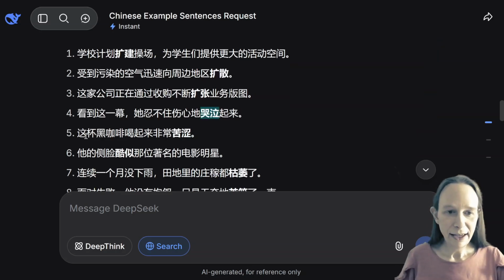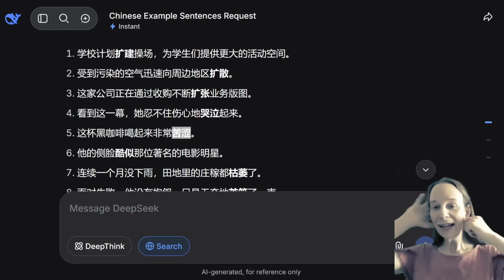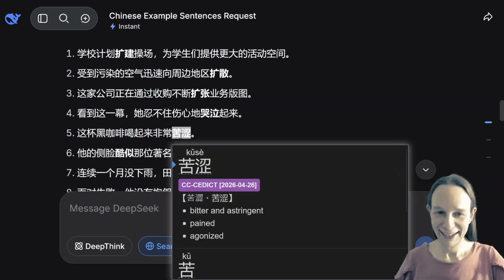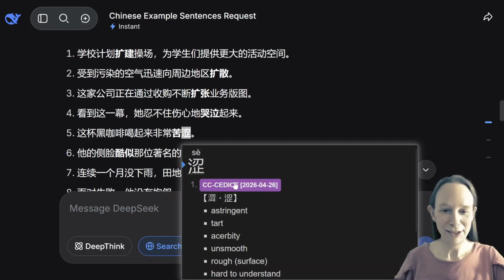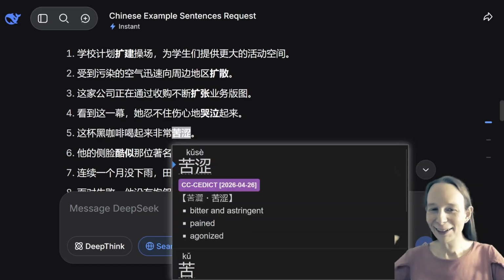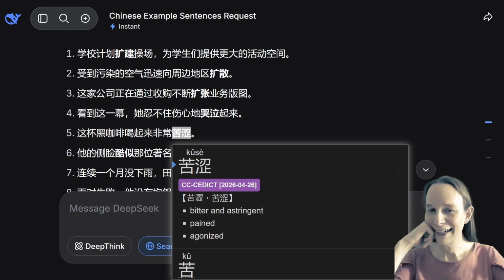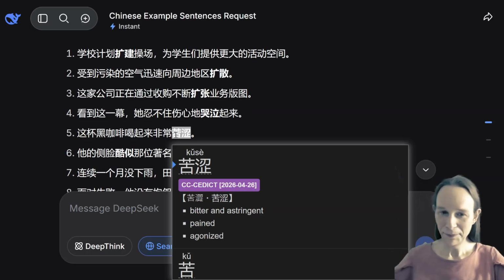What's next? 这杯黑咖啡喝起来非常苦涩. Now, if you're like me, you might not know this word, 苦涩. Okay, so 苦涩 is astringent. Oh, okay, hold on. The 涩 is astringent. There's a flavor. 苦涩. You might not be familiar with this flavor. 苦涩, bitter and astringent. 涩味.